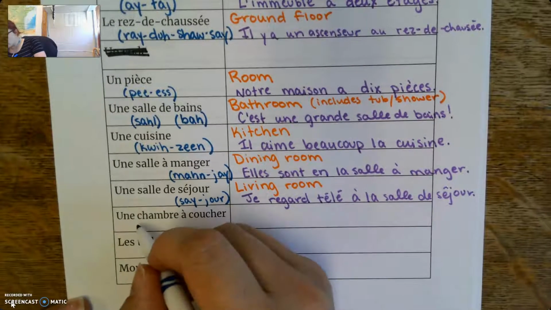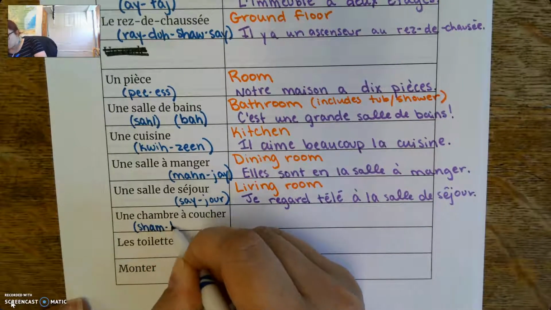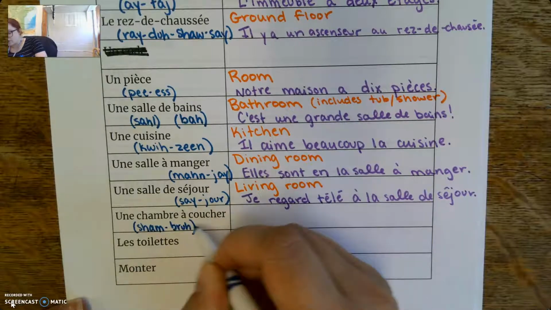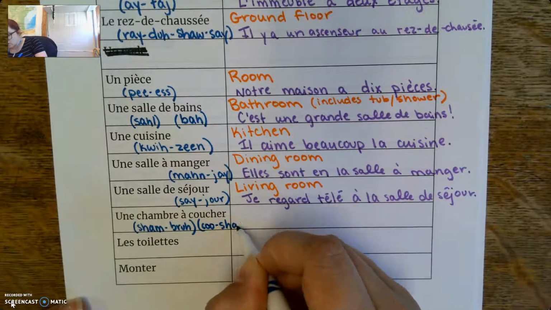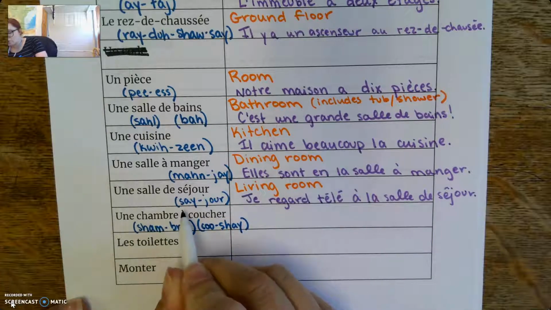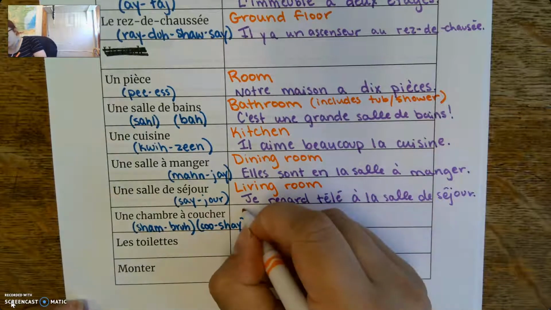So, chambre, we know how to say à, and then coucher. Une chambre à coucher. So this is a bedroom.